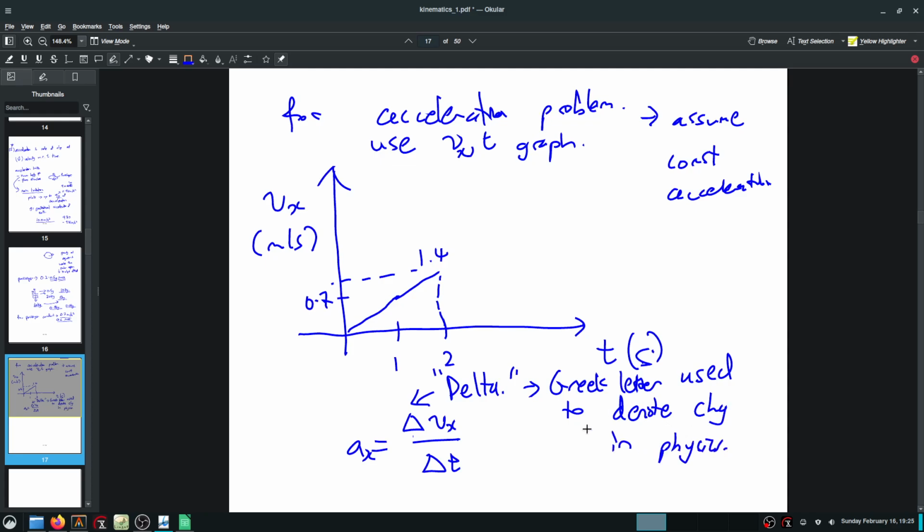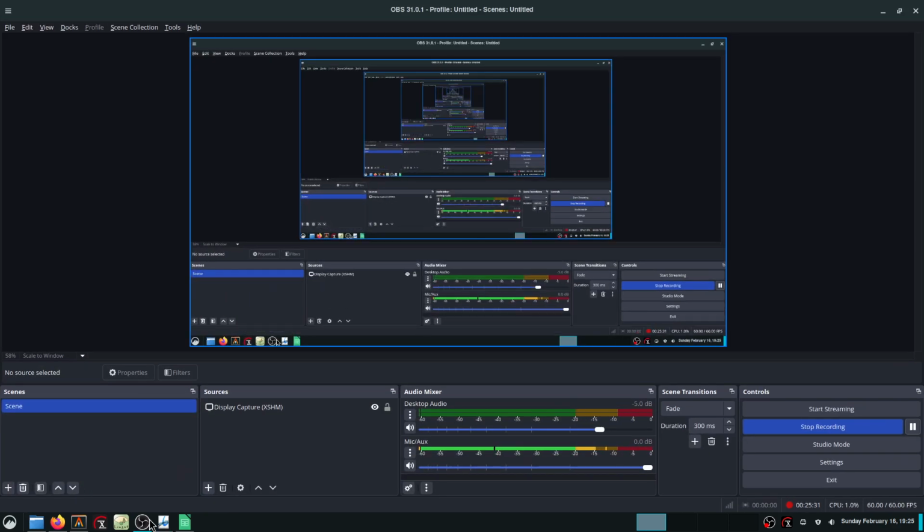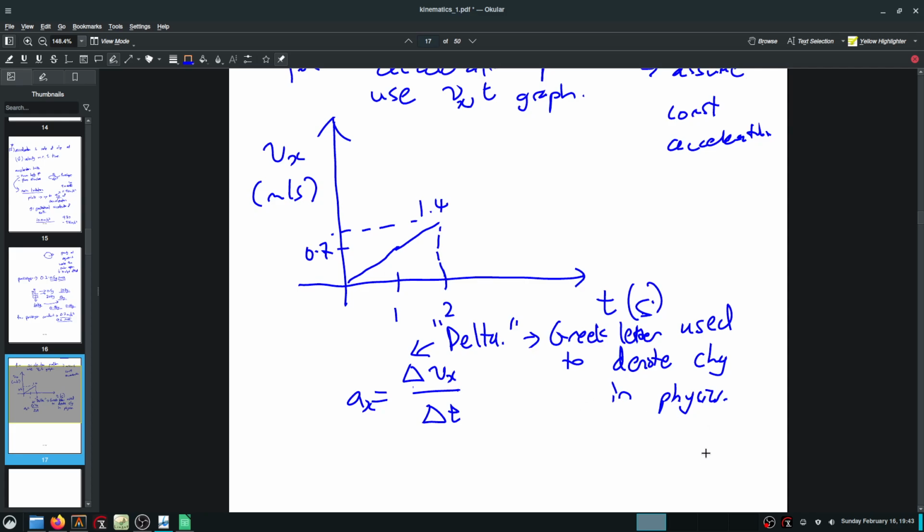Math also, I think, but at least in physics that's what you will encounter. So delta is used as a Greek letter to denote change in physics. It's not a triangle or anything, it's a delta.